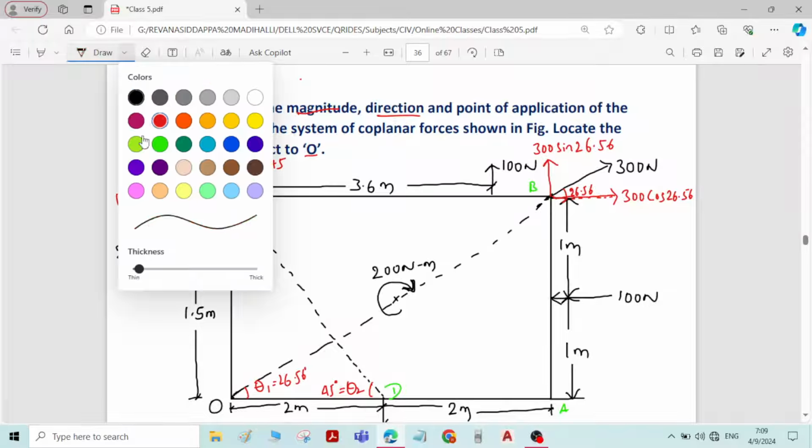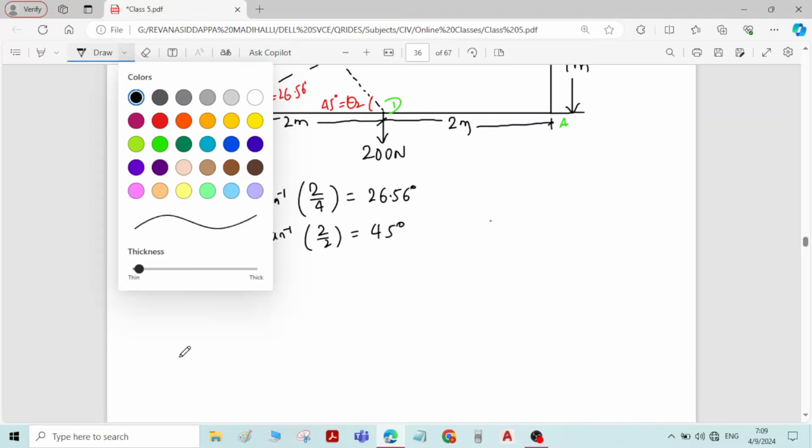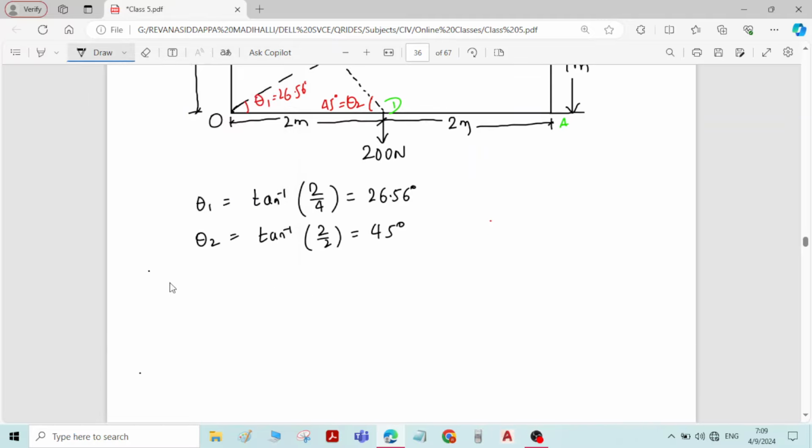Now we will find sigma Fx, the sum of forces in each direction.